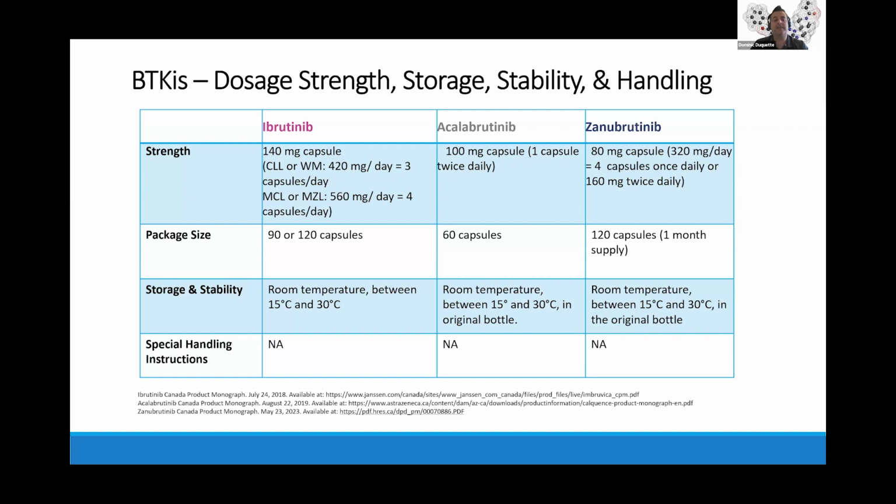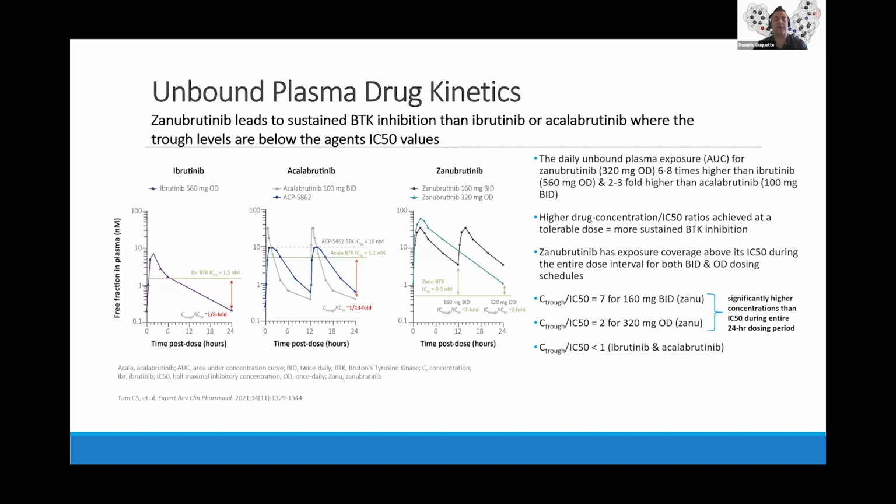And for zanubrutinib, there are 2 dosing options that you can try. It's 80 milligrams per capsule, so you can give either 2 capsules twice a day or 4 capsules once a day. And we're going to dive into that a little bit, well, just right now.